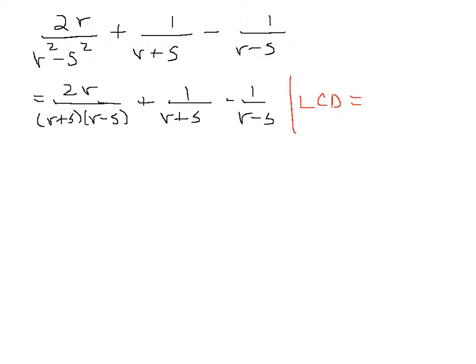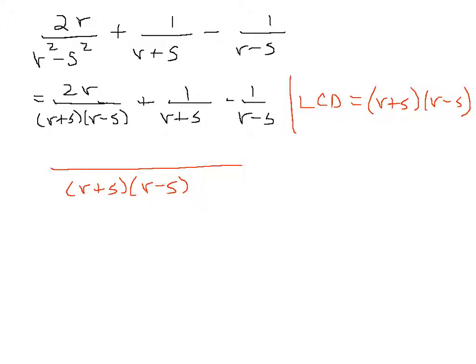Okay, so here I've factored that difference of two squares. And now when you try to figure out what the LCD is, it's just r plus s times r minus s. And so what we're going to do is take these three things and write them all over r plus s times r minus s.